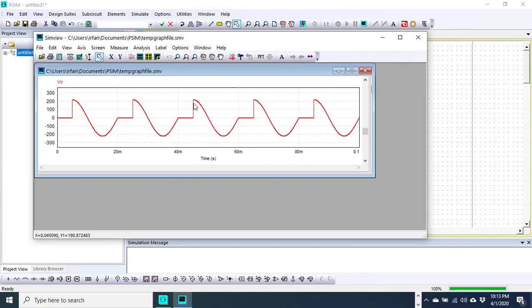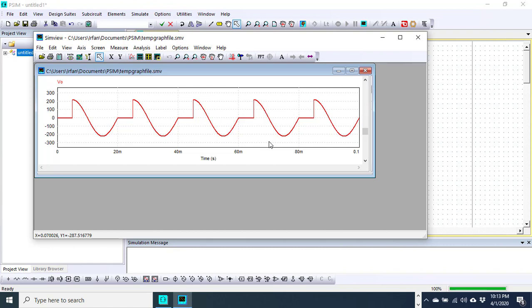This is basically a 90 degree firing angle. So like this we can control the output of our system. So this is the solution for the half wave rectifier.